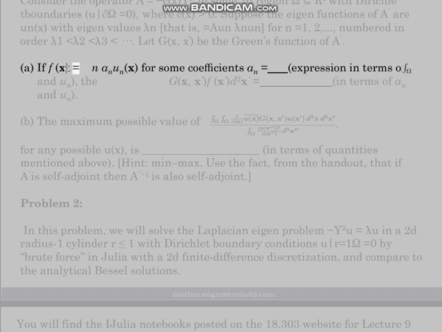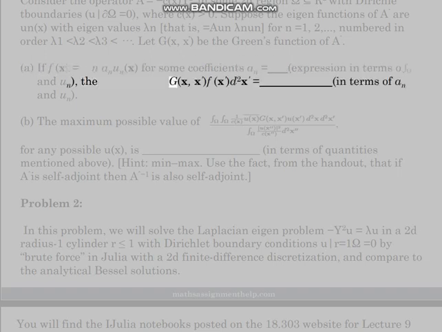If f(x) equals the sum of alpha_n u_n(x), for some coefficients alpha_n equals an expression in terms of f and u_n, then the integral of G(x,x') f(x') d2x' equals an expression in terms of alpha_n and u_n.